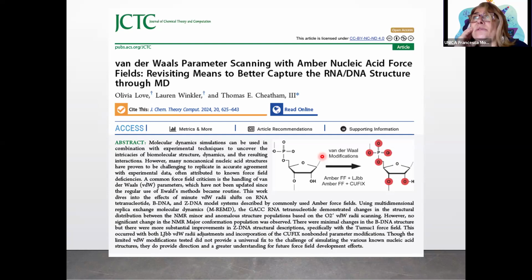Many force fields were developed before starting to use this method, and the van der Waals parameters were not updated since the regular use of the Ewald method became routine.